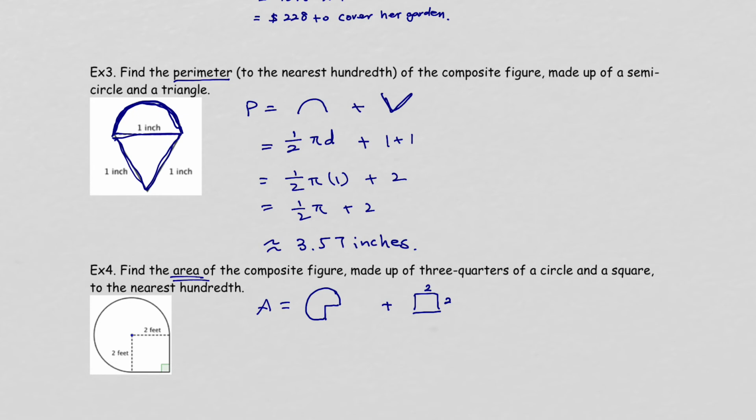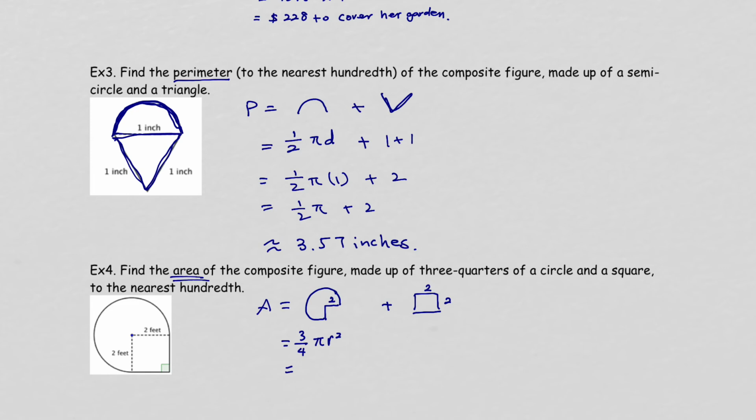This one, 2 is given, so the area of the circle is going to be pi r square, because r is given. But because we're looking for 3/4 of the circle, not the whole circle, you need to multiply by 3 over 4.